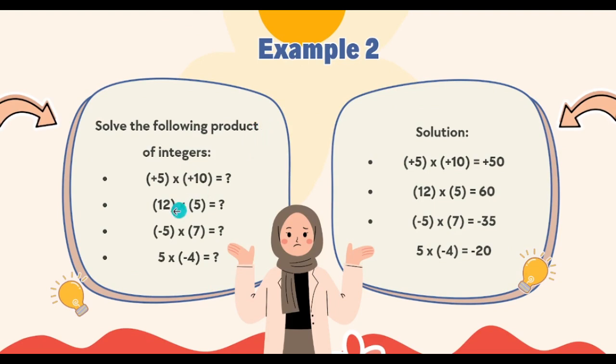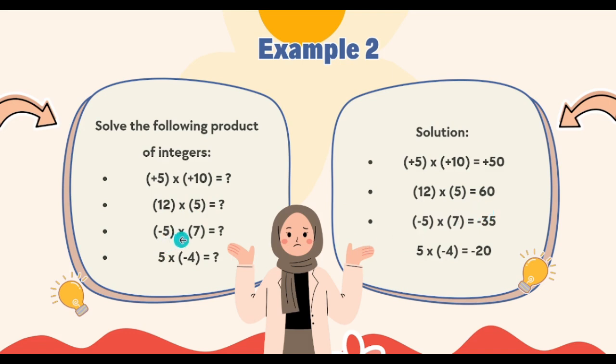Example 2. Plus 5 multiplied by plus 10 is plus 50. Plus 12 multiplied by plus 5 is plus 60.